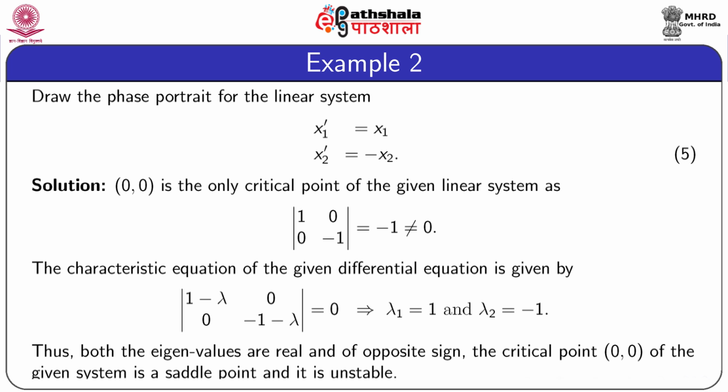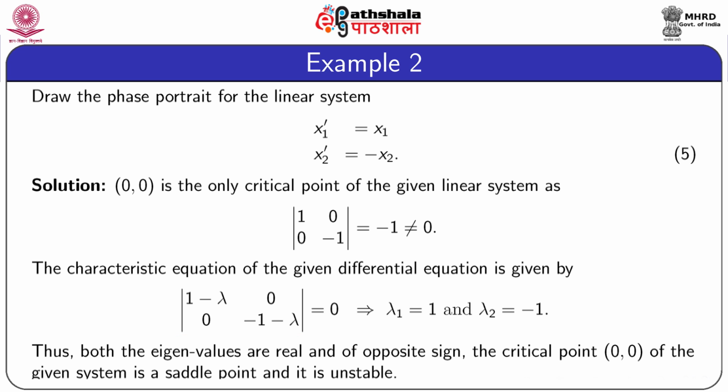Once you get the critical point, you find the characteristic equation given by determinant of A minus λI equal to 0, and if you do that you will get this equation: |1-λ 0; 0 -1-λ| = 0, and solving this equation we get λ1 = 1 and λ2 = -1.